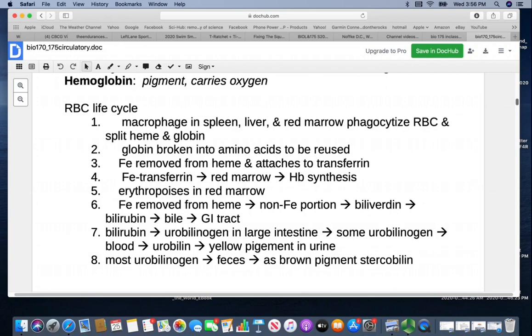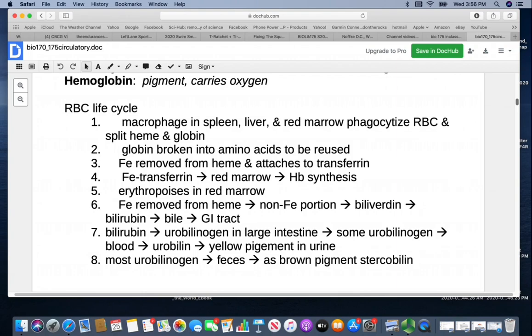So your old red blood cells are going to be broken down by macrophages in the spleen, liver, and the red marrow. So they'll be phagocytized, and then they will be split into the heme portion and the globin portion. The globin portion will be broken down into the individual amino acids that make it up, and they can be reused. So they go into the pile of amino acids you have as your building blocks.